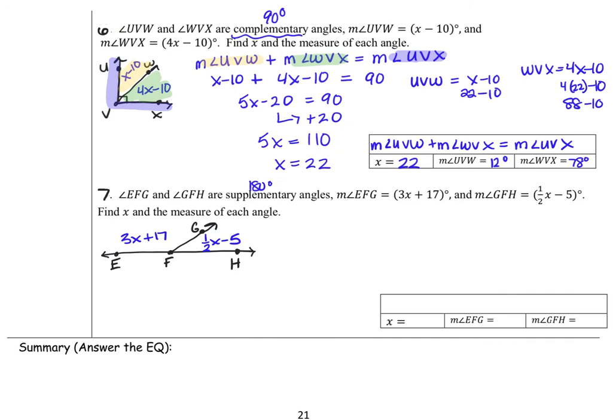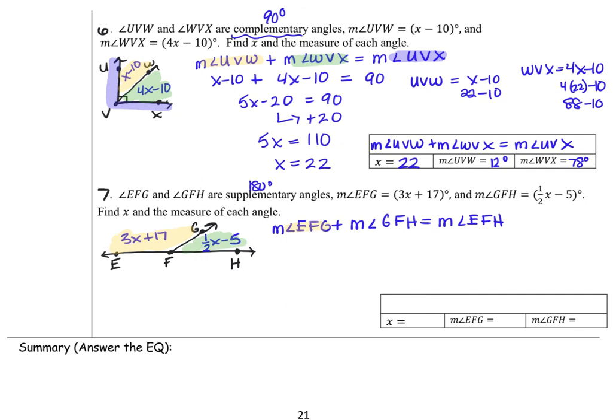So for my angle addition statement, we have measurement of angle EFG plus measurement of angle GFH is equal to the measurement of angle EFH. So again, EFG is this angle right here.